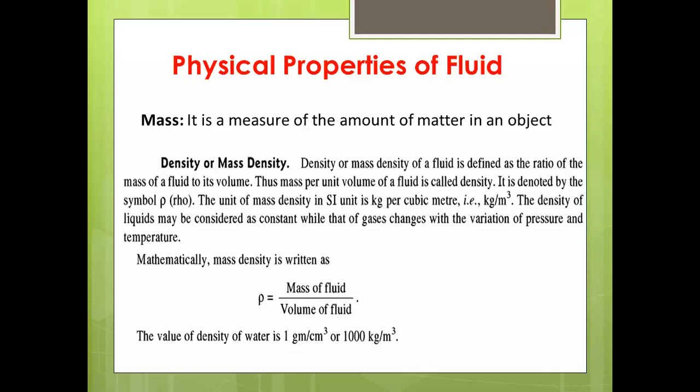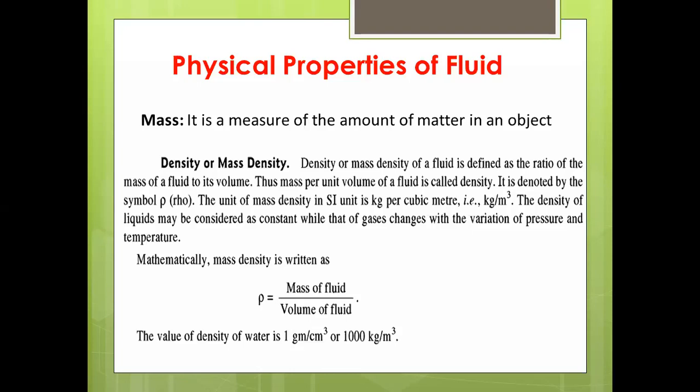So mass is the amount of matter present in that particular object. Also, if you consider one glass of water, how much amount of matter is present in that glass? That amount of matter is the mass of that particular object. Here we are talking about the mass of the water in the glass.